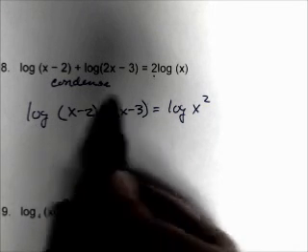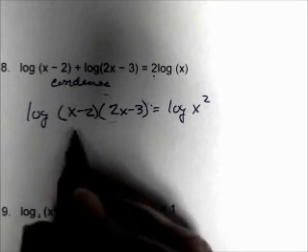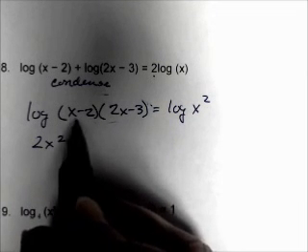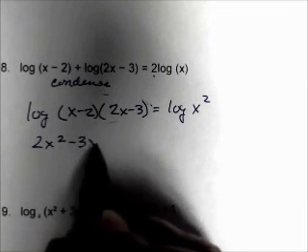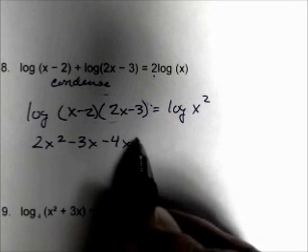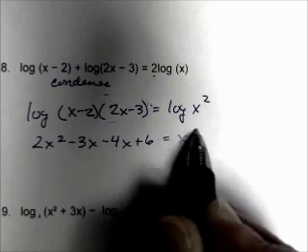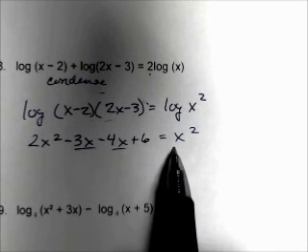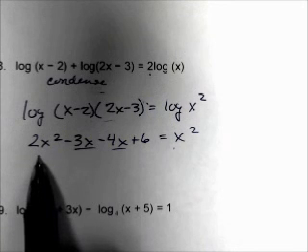In the same step, I'm going to FOIL this, all right? X times 2x is 2x squared. The outside, negative 3x, the inside, negative 4x, and the last plus 6. And that's equal to x squared. Okay, combining like terms, and in the same step, I'm going to subtract x squared from both sides.